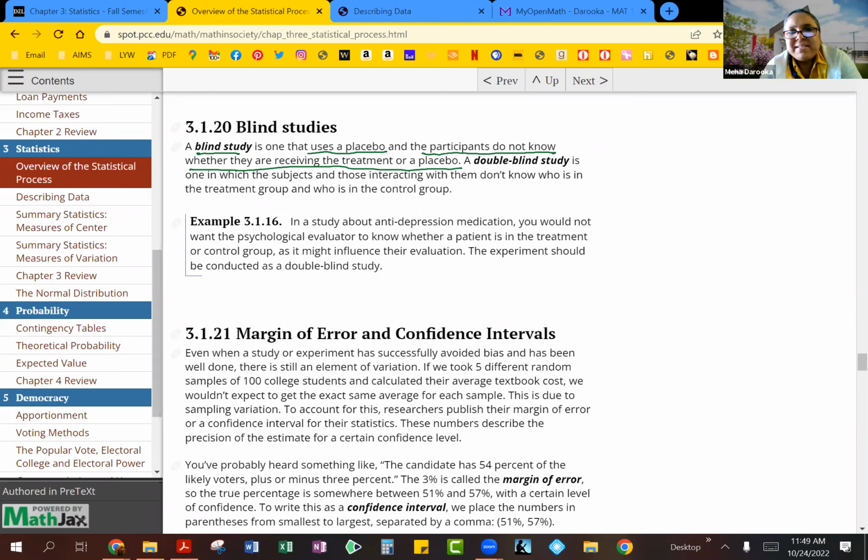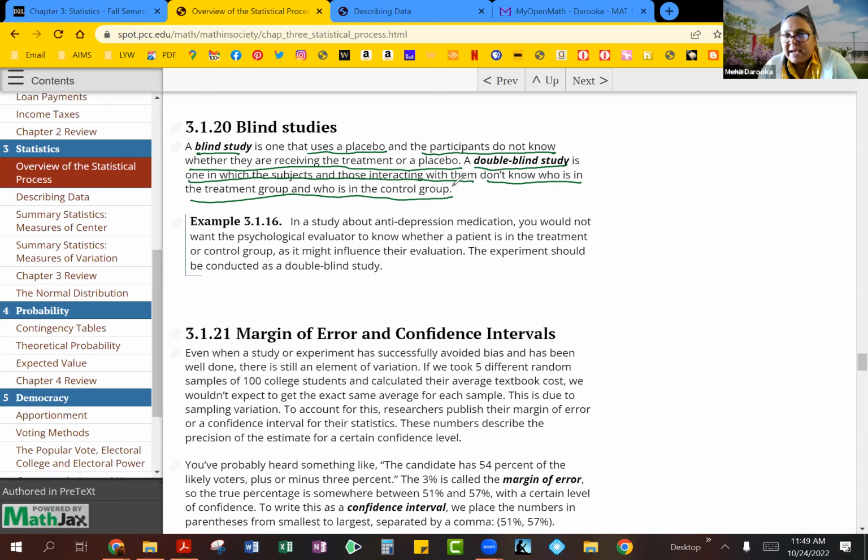Now, when we talk about a double-blind study, this is where the subjects and even those who are interacting with them don't know who is in the treatment group and who is in the control group. So even as the researcher, you wouldn't know if this person is in the control group or the treatment group. In the blind study, it's only the people in the study who don't know if they're receiving treatment or a placebo.